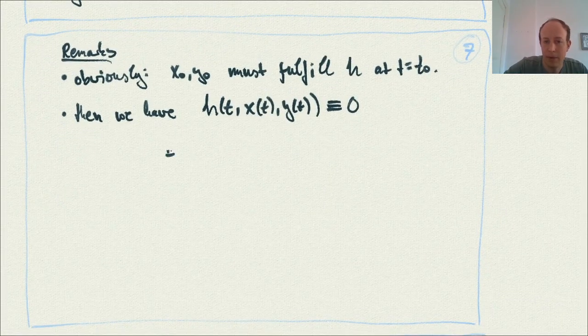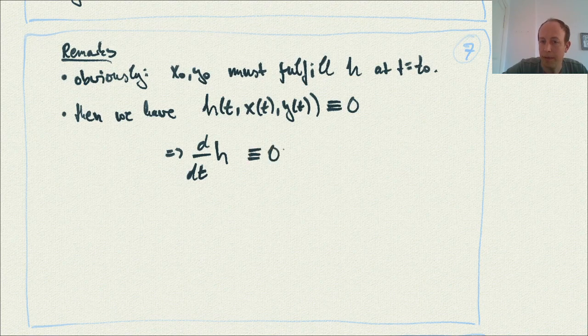But this also means that if we differentiate this with respect to time, d by dt of h must be 0 too. If h is a constant function of time, this means in particular that its time derivative will vanish. So this should be 0.